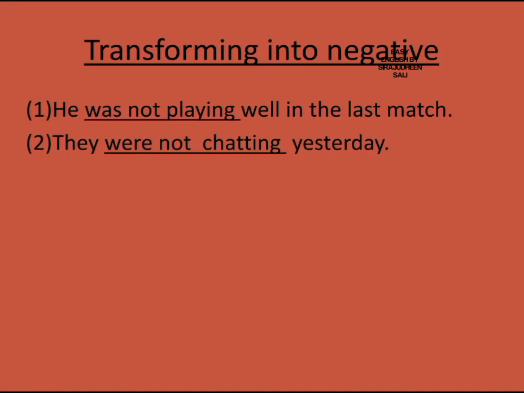So how have we transformed that sentence to negative? Let's study. He was not playing. Just after the auxiliary verb was, you can simply add not. Then it becomes the negative sentence. He was not playing well in the last match. The positive is, he was playing well in the last match.